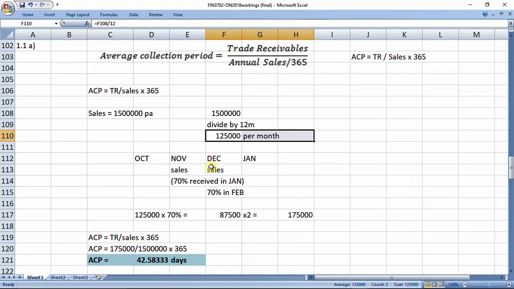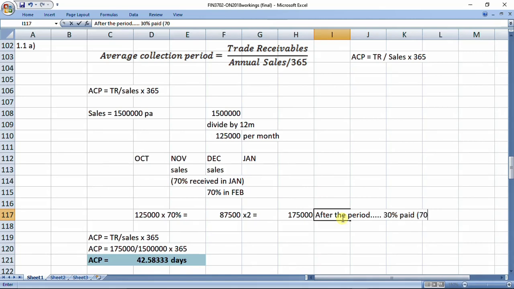So that means 30% of the total is collected within the 10 days after applying a 2% discount. The 70% pay after the 50 days, which is after the discount period, so net 45.